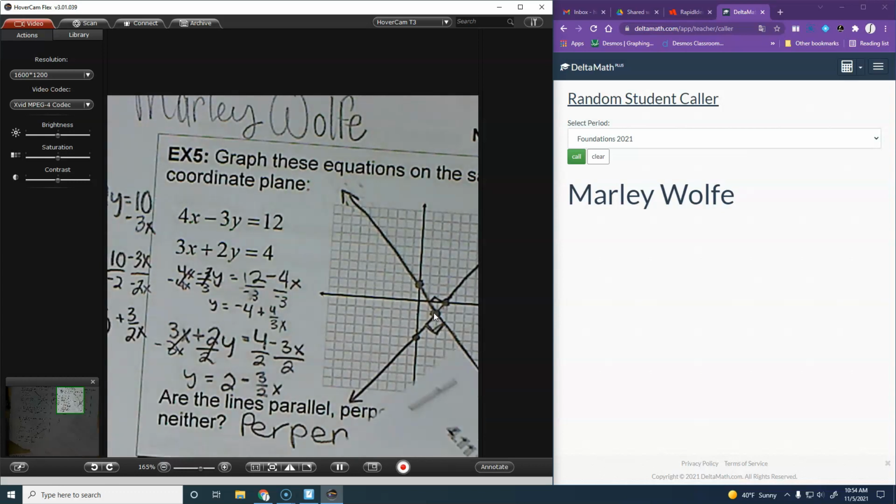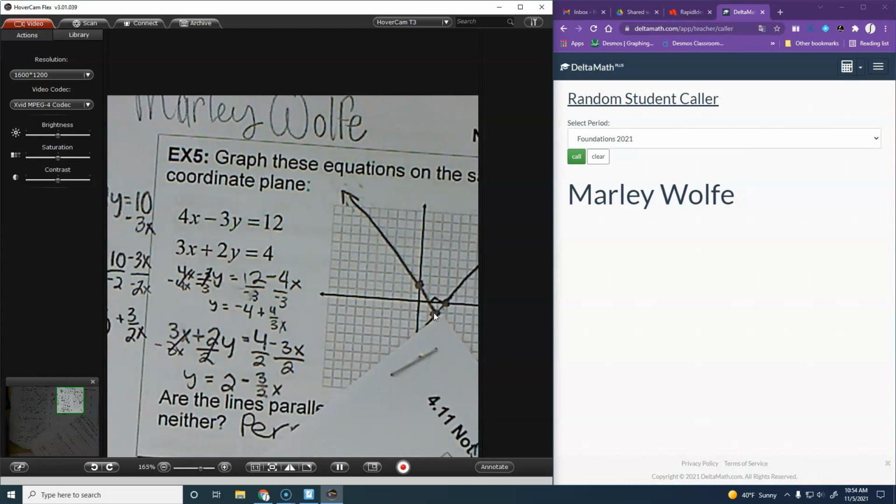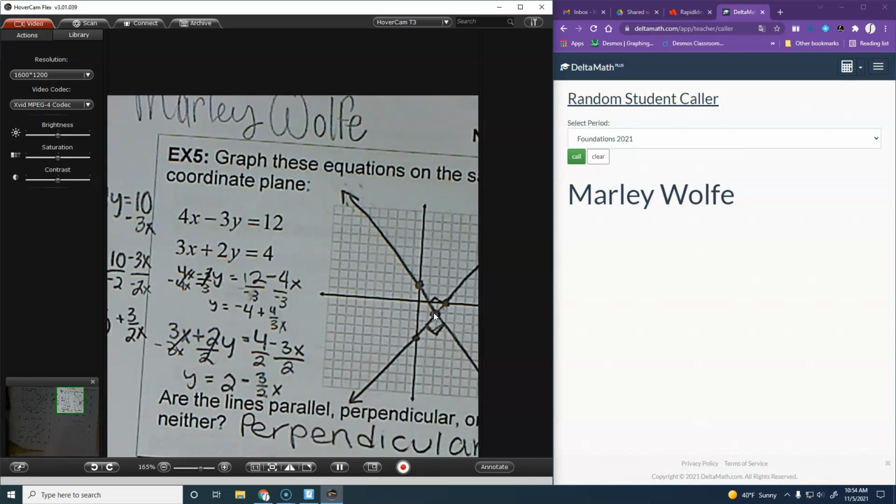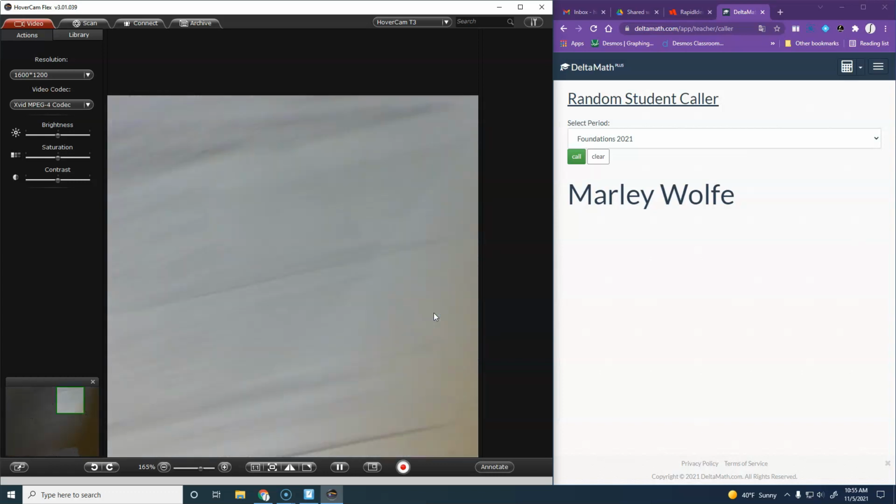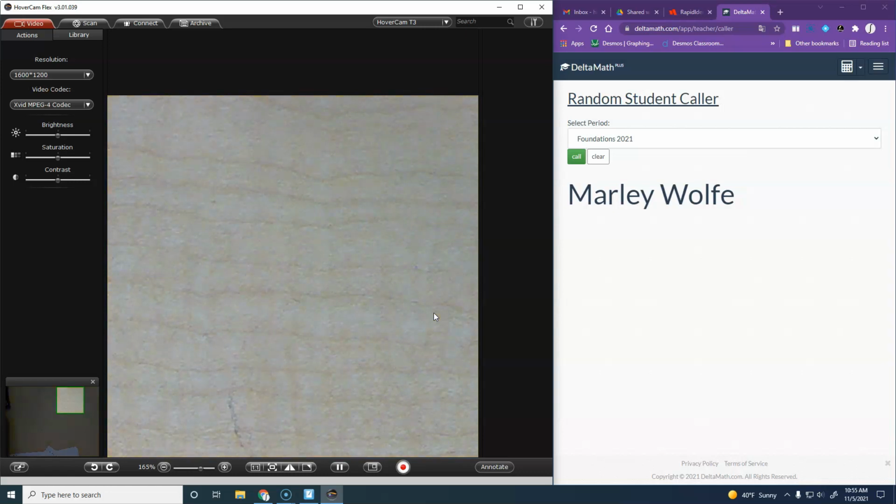If I take the edge of the paper here and try to get it to line up, because the edge of the paper is a right angle, it's a little bit off. So you're really pretty close, but I think you're still slightly wrong, because I think that those should be neither for that. So Marley was close, but still had a little bit of a mistake.